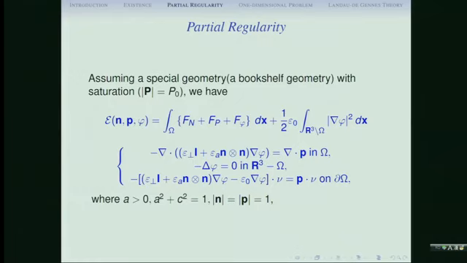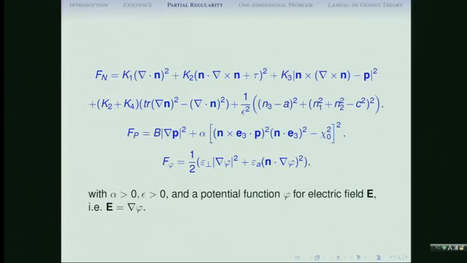If you don't have p, then the result by Fanghua Lin proved the partial regularity results. But in that case, I also have p. So this is my reduced energy, but this term doesn't hurt the partial regularity result.